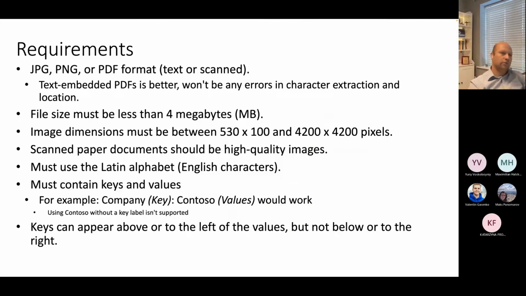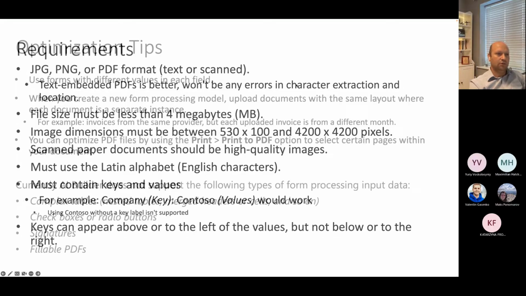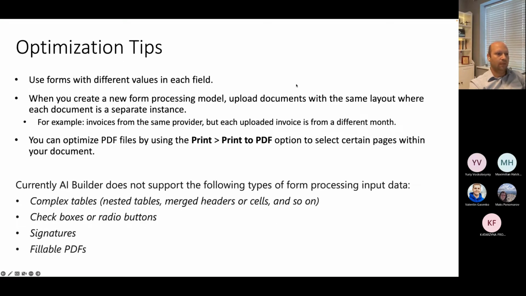There are some requirements here, as expected: JPEG, PNG, or PDF formats, less than 4 megabytes, and some pixel requirements, as you can see. At the moment, the system only recognizes English characters. These are the important points of this solution.